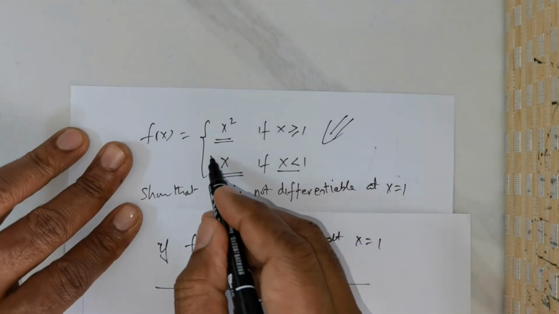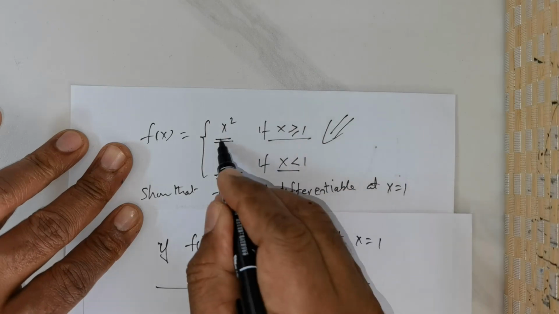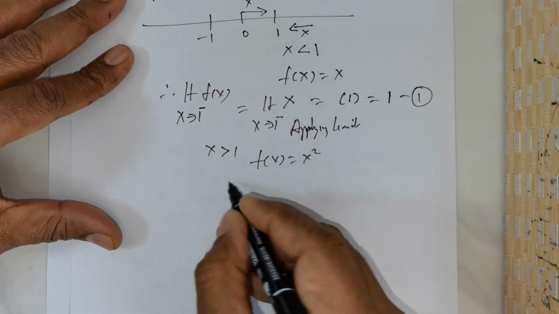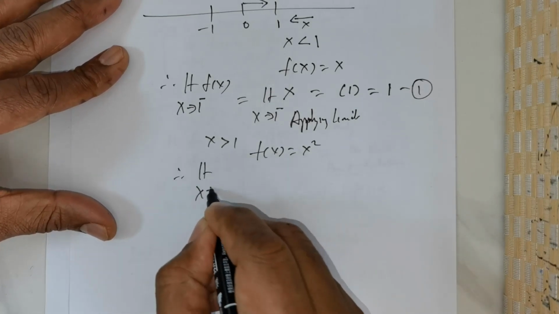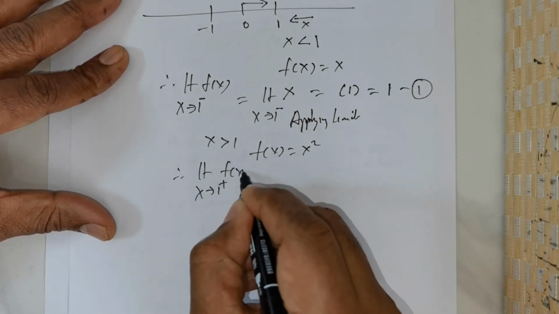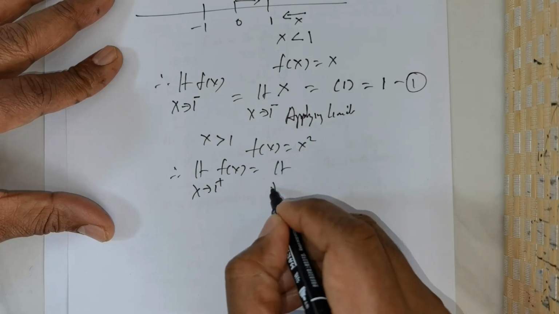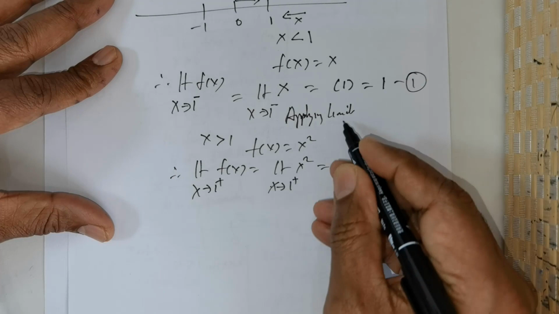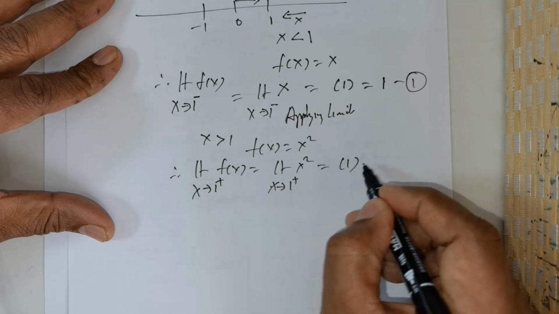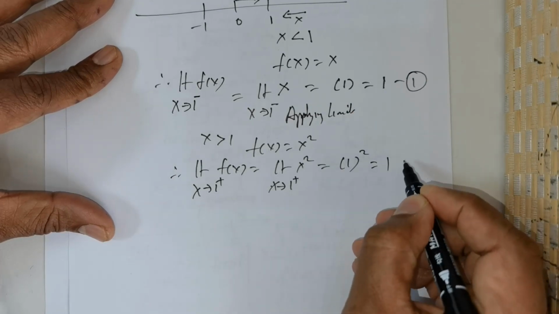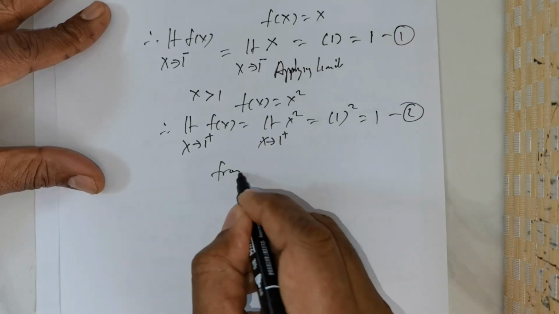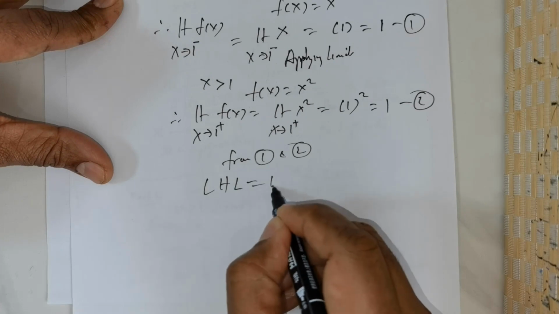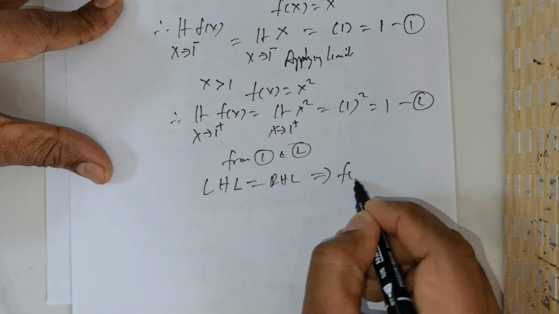So what is the functional value? For all values of x greater than or equal to 1, f of x is equal to x squared. So limit x tending to 1 from the positive side, in place of f of x I need to substitute x squared. When you substitute x is equal to 1, you get 1. So this is equation 2. Now from 1 and 2, what do you see? The left hand limit is equal to the right hand limit. So this means f of x is continuous.